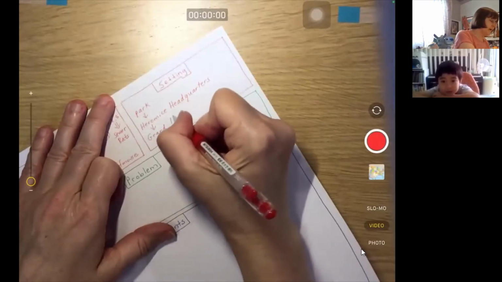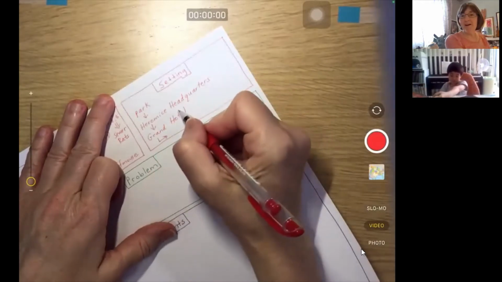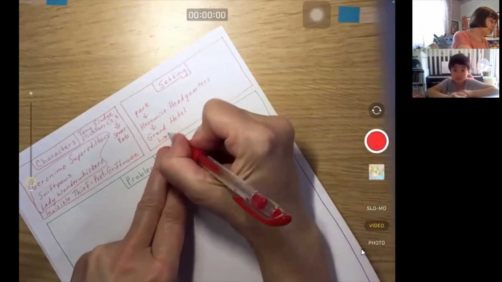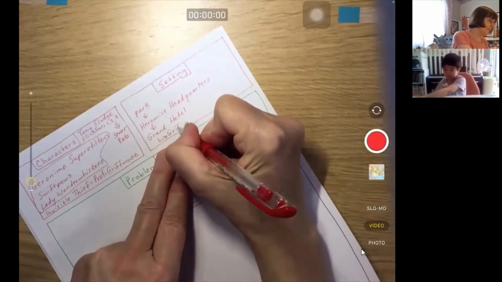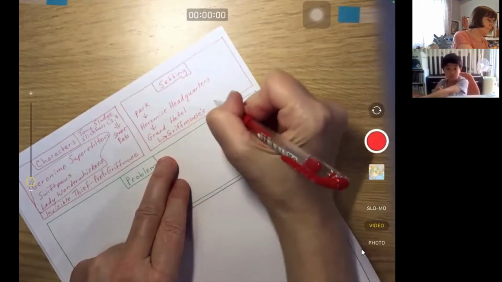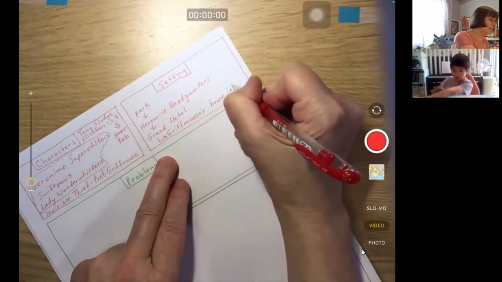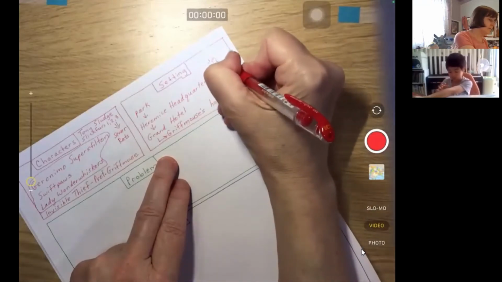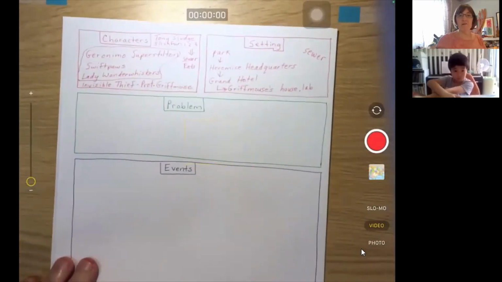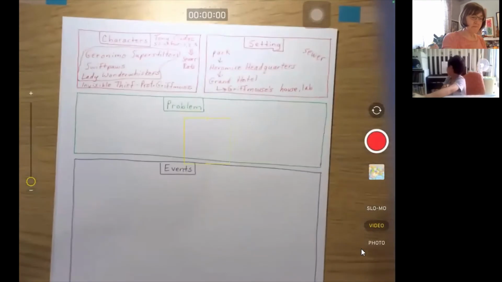And then they went after that to Griff Mouse's house, his lab, right? His house and lab, and also the sewer. Okay. So now we know who's in the story and where it happened.